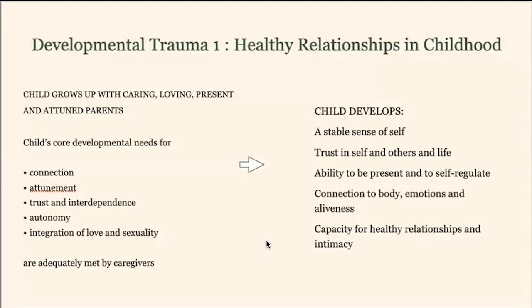Let's look at an ideal case of a child growing up with attuned, stable, loving caregivers, usually the parents, but it could be other people too, in an atmosphere of support and healthy relationships. In NARM, looking at the left column on that slide, we recognize and acknowledge 5 fundamental developmental needs that a child has growing up at the very beginning of life.